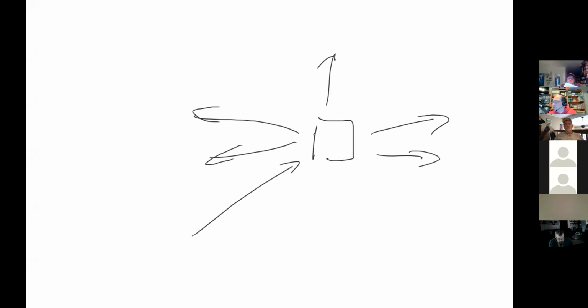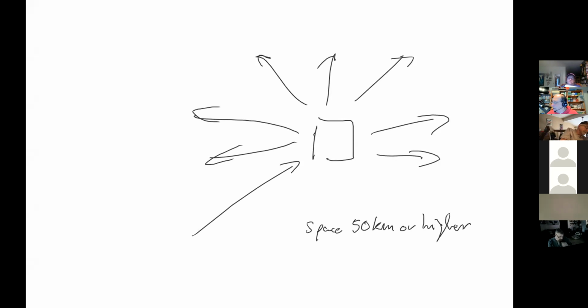There are several different stations that can do this function of repeating and automatically retransmitting. A space station is anything 50 kilometers up or higher. A space station can automatically repeat signals. There is a Kenwood radio on the International Space Station, which is a repeater that has been set up there.